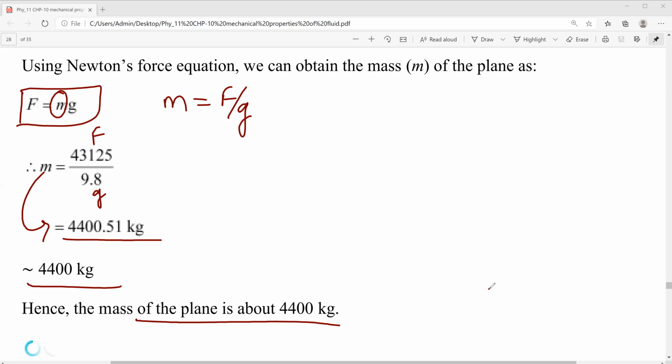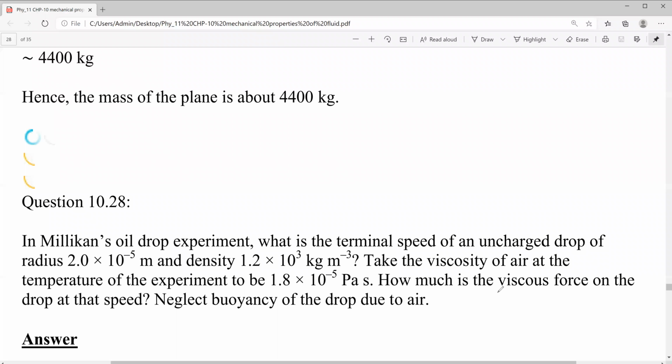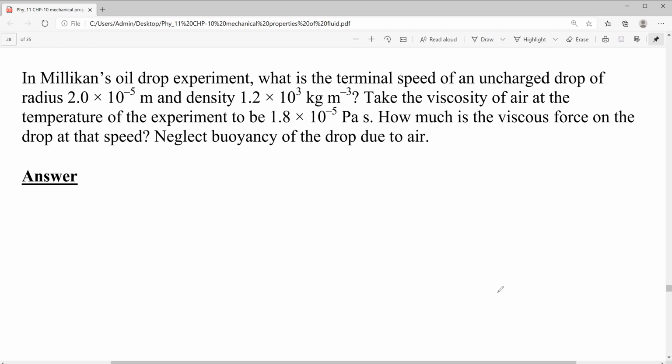Okay, next we shall move to the next one. That is 10.28. Here, in Millikan's oil drop experiment, what is the terminal speed of the uncharged drop of radius 2 into 10 to the power of minus 5 meter and density 1.2 into 10 to the power of 3 kg per meter cube?